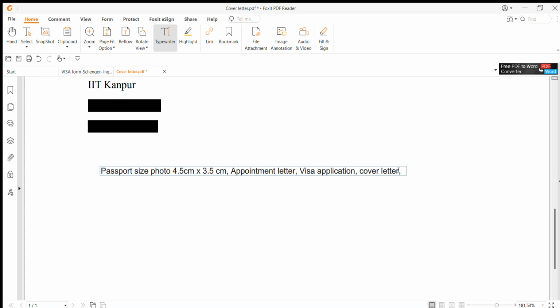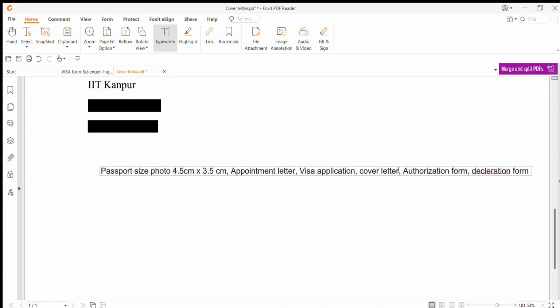Photo, appointment letter, visa application. Now there are two other forms my friends suggested: an authorization form, and something called a declaration form. Forget the spelling, you can just correct it.